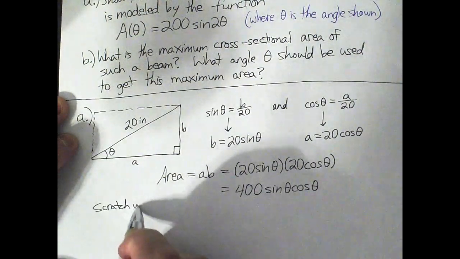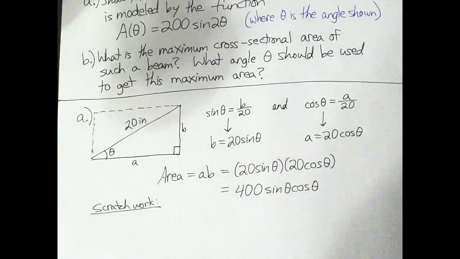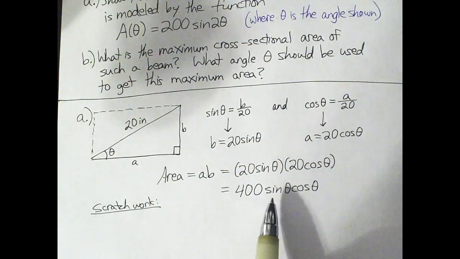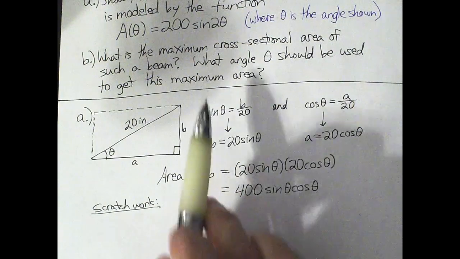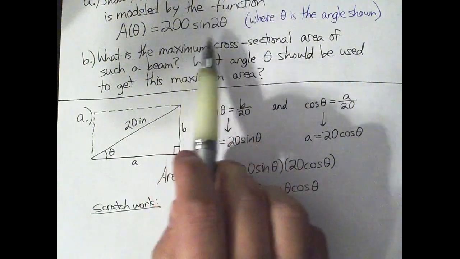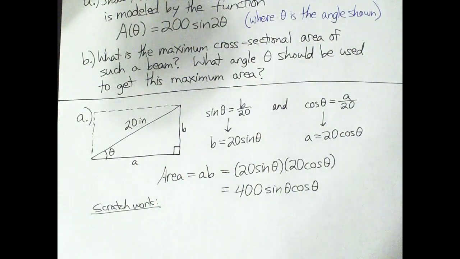All right, scratch work time. Do you want to look at our list of trig identities and say which one looks helpful? We need something that's going to somehow relate this expression, which has a sine theta, cosine theta, to this expression, which has a sine of 2 theta. I think I know which identity we're going to use.